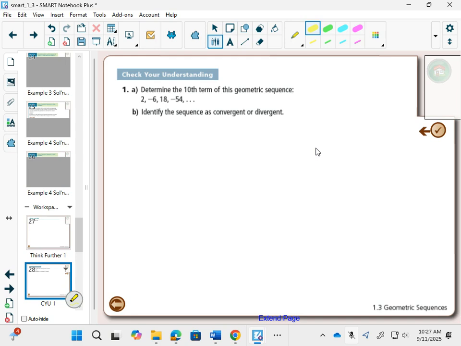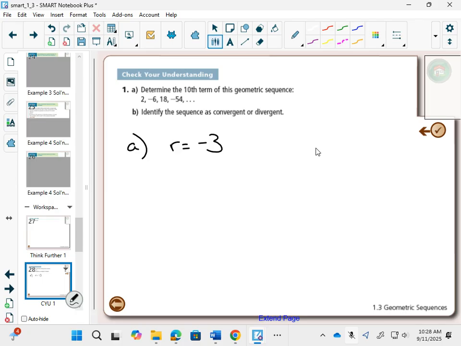A key thing is noticing what you're multiplying by. From 2 to 6, I multiply by 3, and because it's flipping between positives and negatives, I'm multiplying by -3. You can write your notes right in that column. So you're multiplying by -3.